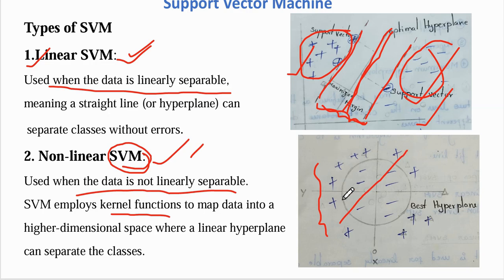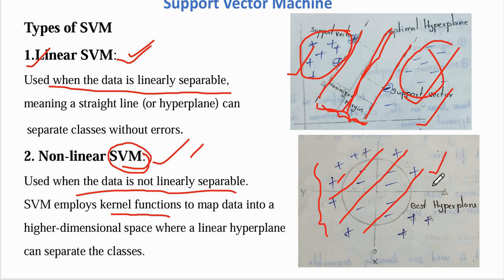Is it possible to separate them? No. Here also there are some positive and negative classes. Let's take this as another hyperplane. Is it possible to separate the positive class and negative class? No. Why? Because it is non-linear data.